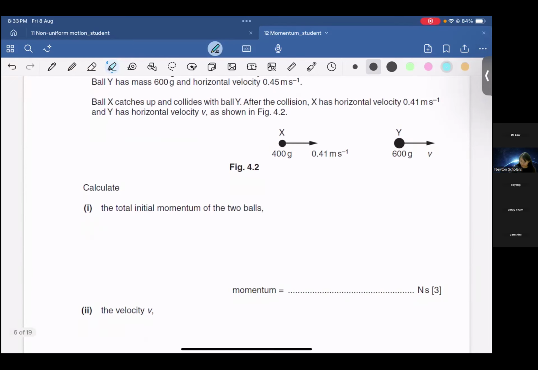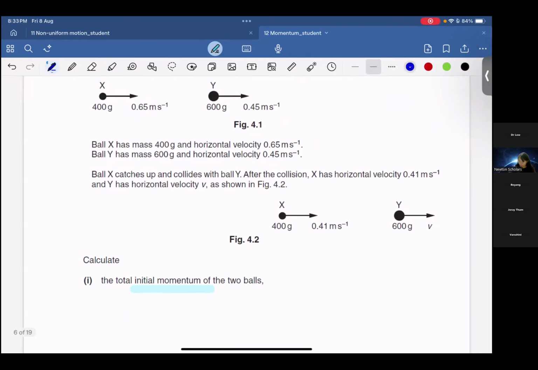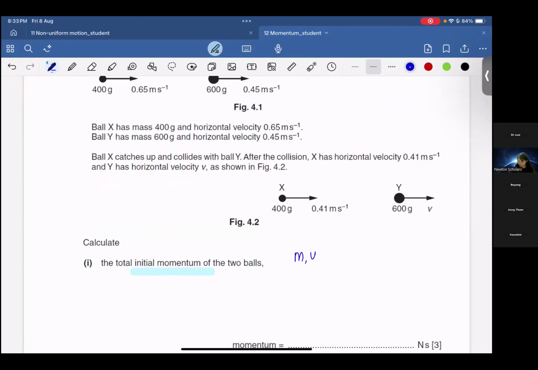Initial momentum. So here that means m1u1 plus m2u2. Remember, the mass has to be converted to kg. So here it should be 0.4 times 0.65 plus 0.6 times 0.45.